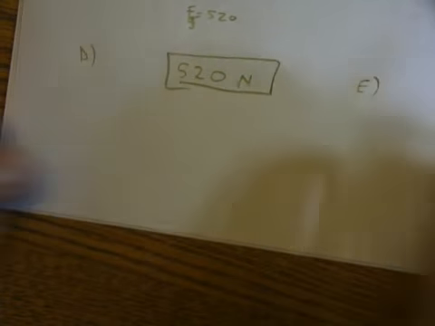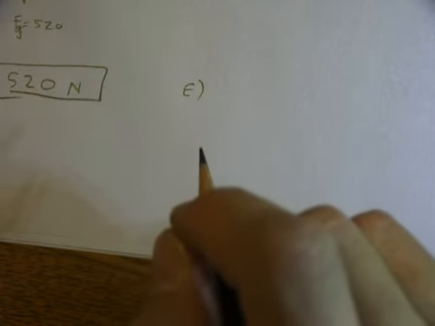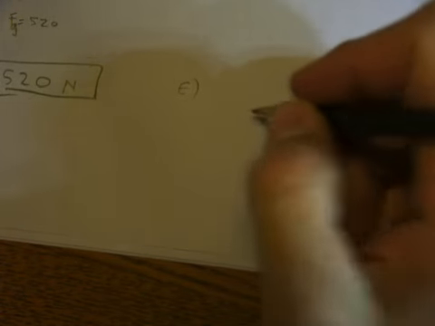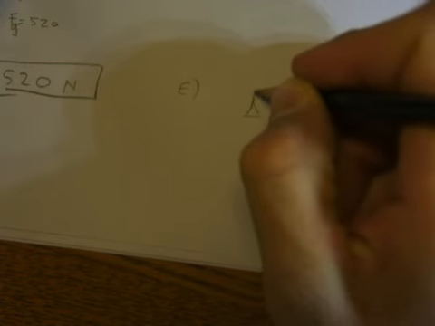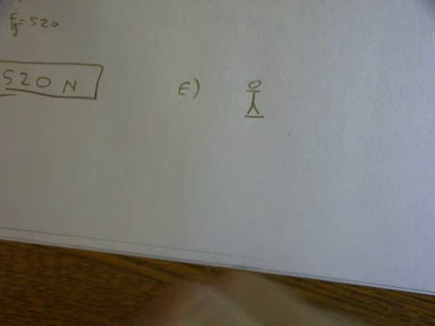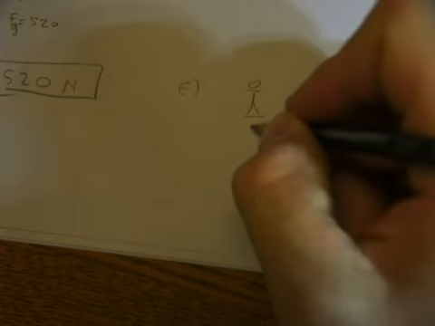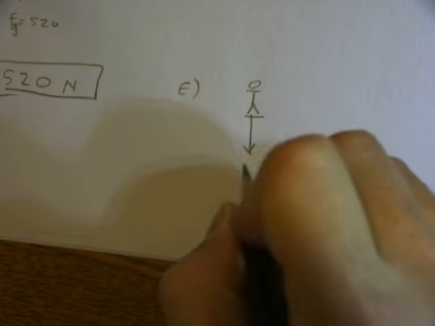And then part E, it slows to a stop while moving downward at a constant acceleration. Now this is tricky. This is a bummer because they don't tell you the acceleration. I don't know what they're asking for as far as an answer is concerned, but let's go like this.